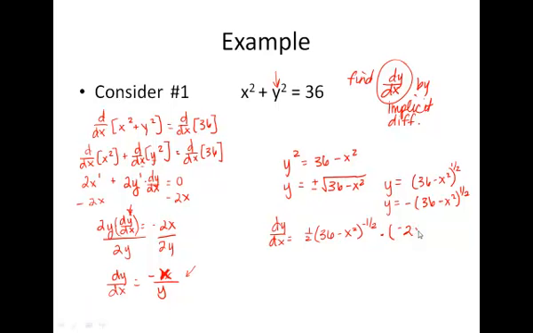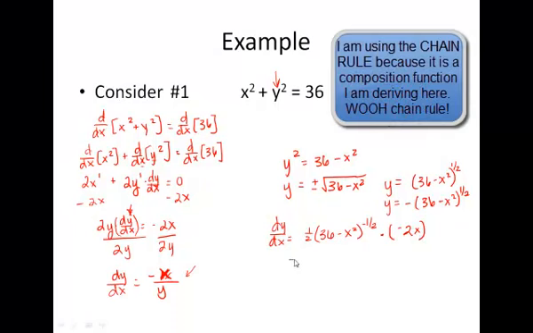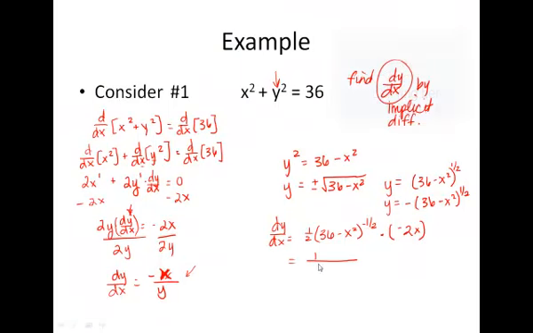Okay, so then when I simplify this all out, this does go back to the bottom, so it's going to be 1 over 2 times 36 minus x squared to the 1/2, and then all over on the top it's going to be negative 2x. So those cancel each other out. What I am going to get is negative x over the square root of 36 minus x squared. Oh, sorry, the 2 canceled out. That 2 should not be there.